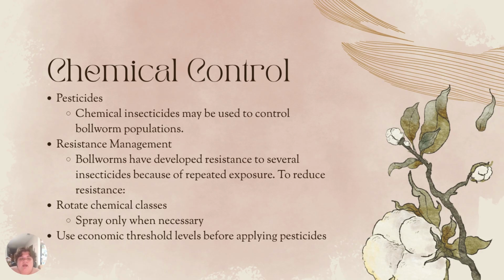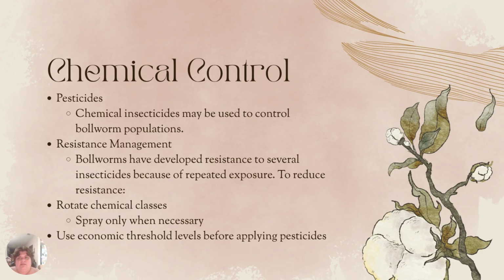To spray effectively, your best bet is to rotate the different chemical classes and only spray when necessary, and use some of the other methodology that I've described. So cultural control, chemical control only when needed, biological control, all these different methods in order to help prevent plant resistant diseases.